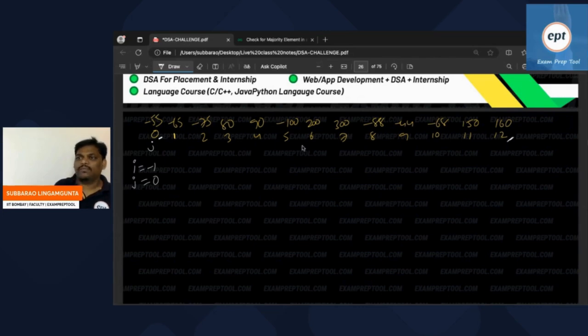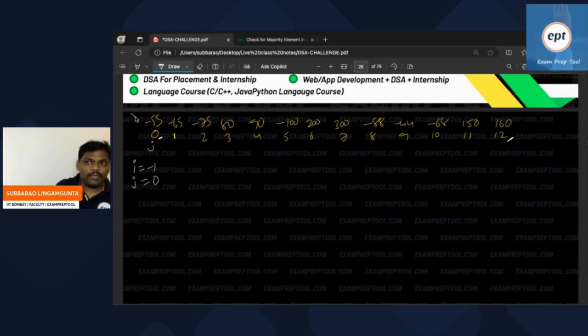Let's see. Remember, i is the index, initially -1. j is the index, initially 0. Remember everyone, j wants greater.